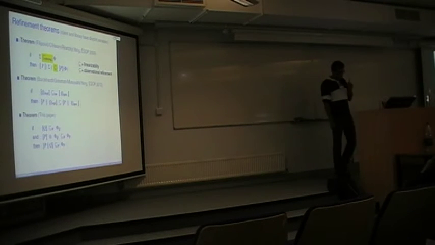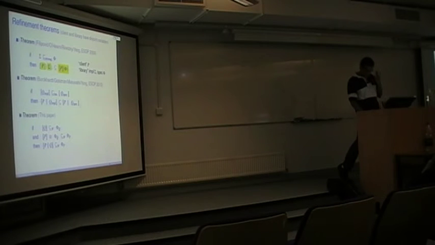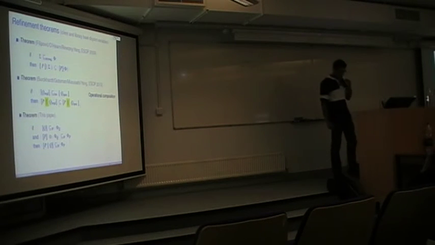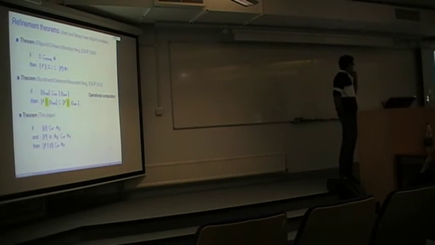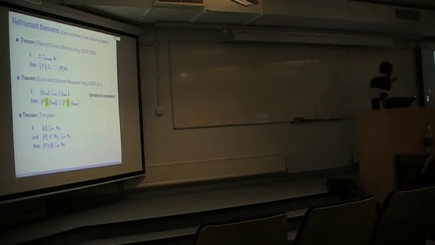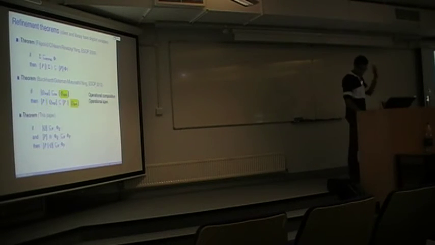This theorem is extended to a specific memory model, the total store ordering model, in the paper of Burckhardt, Gotsman, Musuvathi, and Yang. Here they say that if you have an implementation which implements a specification, then you can operationally replace the spec by the implementation. That's what they do for a specific memory model.